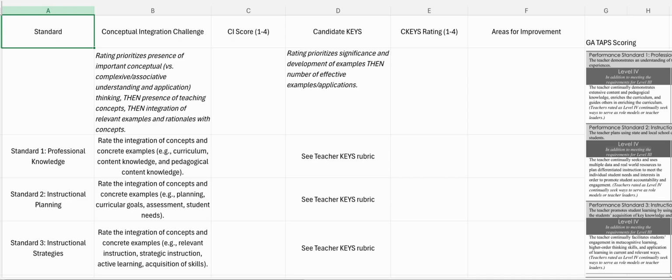She's still a 3 on column C. But now I look to the candidate keys rating and I say, is she being consistent in thinking about planning with student needs in mind? I believe that her writing does show that she's doing that. And so she would be rated for her consistency and earn a 3 here.